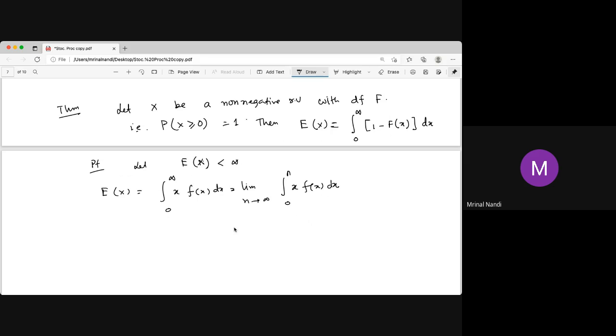Now we use integration by parts. So what is this by parts? We first take x and then the integral of f.